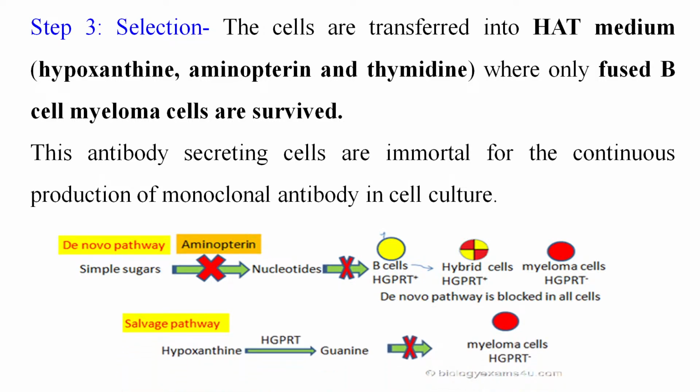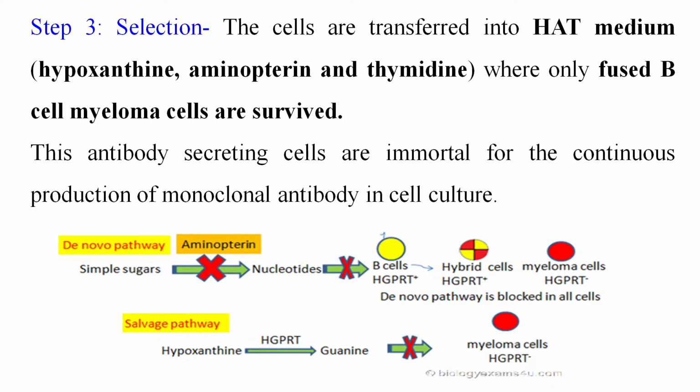And coming to hypoxanthine, I told you hypoxanthine is the starting material for the salvage pathway, the alternative pathway. So if we have hypoxanthine and if the enzyme HGPRT is present, then this pathway will go ahead and will result in the synthesis of nucleotides.